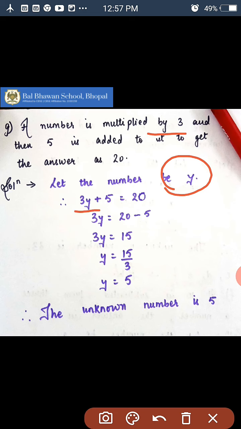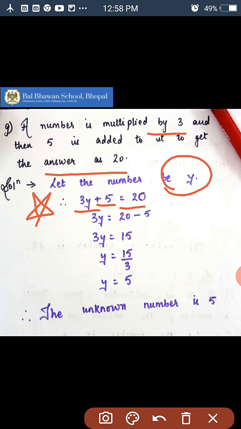And then 5 is added to it. So we need to plus 5 to it. And the answer or the result which you are getting is 20. Therefore, the equation becomes 3y plus 5 is equal to 20.